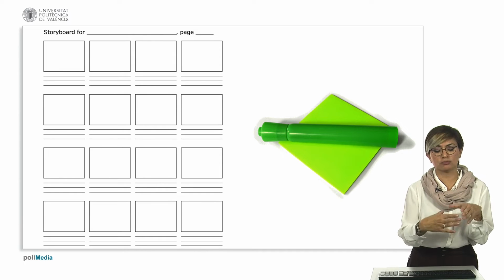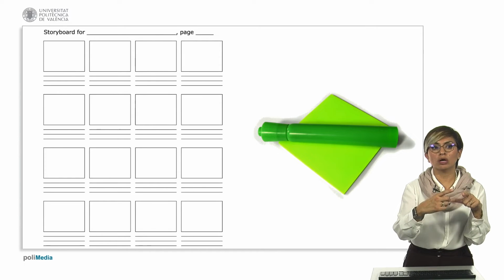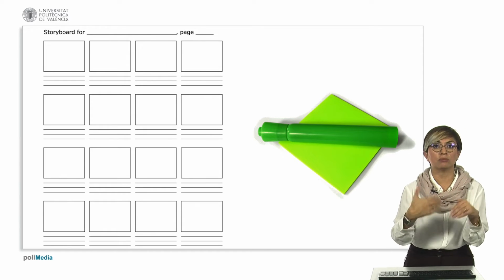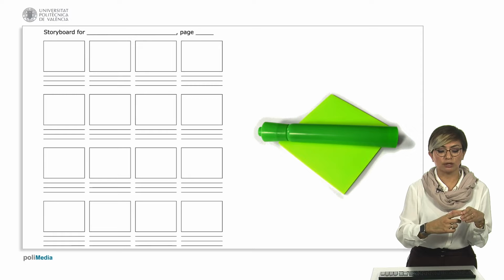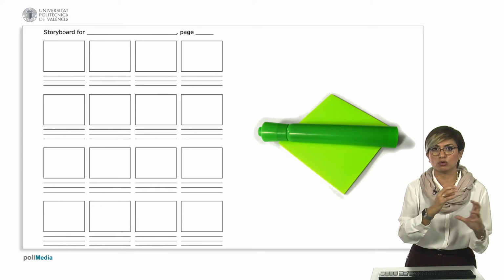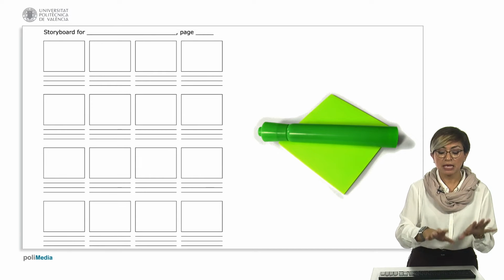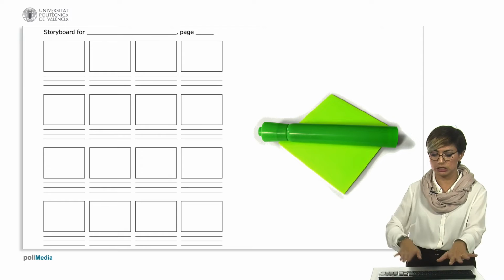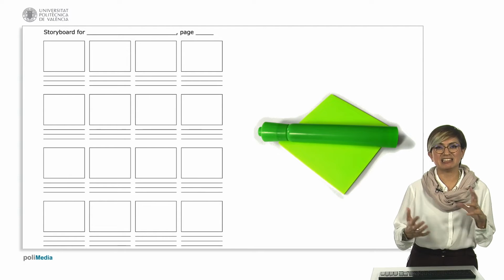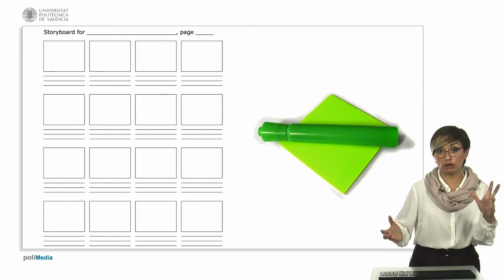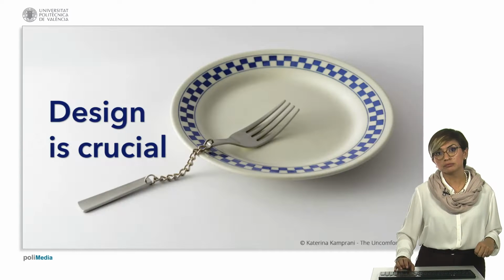A storyboard with small pieces of paper where you can write the big ideas that you want to communicate, and then on each one of them you can include the kind of picture or diagram or whatever that you want to include. And if you have those small pieces of paper, you can change them and make it easier to change the structure of your discourse and of your slideshow.